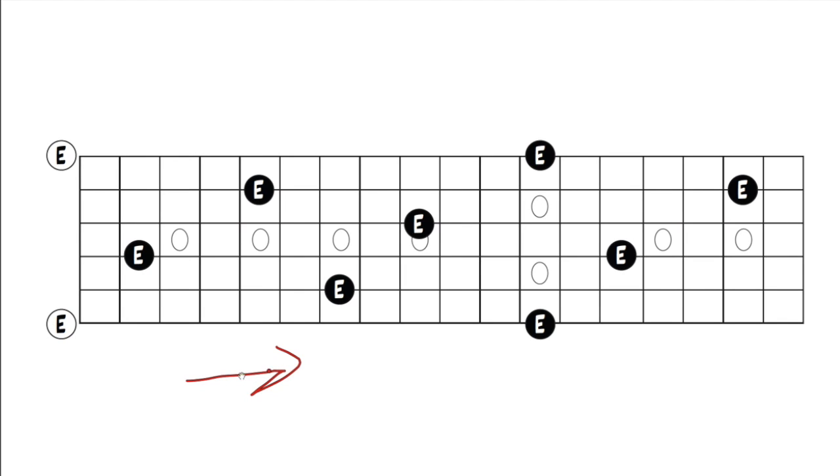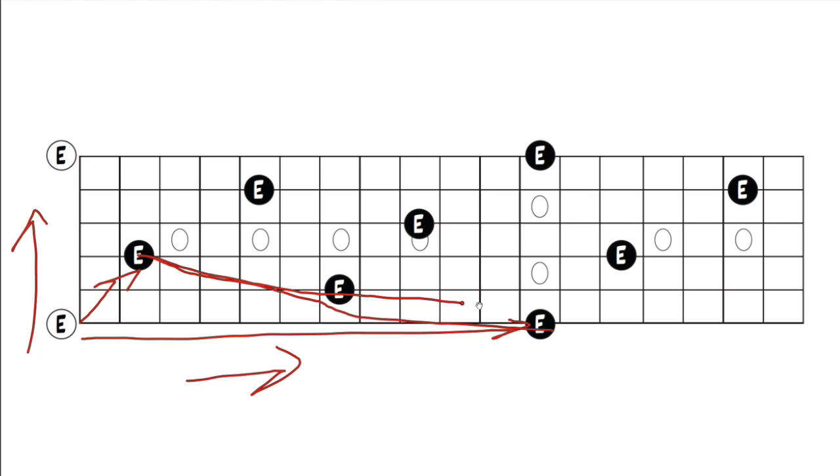That's where this horizontal and vertical comes into play. You have octaves on the same string, but you also have octaves on separate strings, and then you have what are unisons, which are the same note, same pitch, which have to be on separate strings, and that can make it confusing.